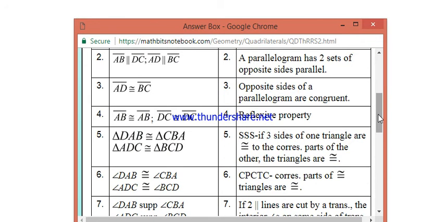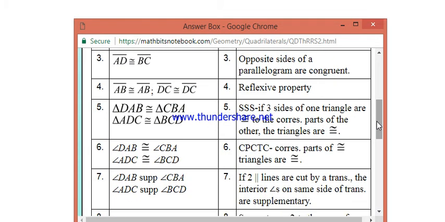For number 3, line AD is congruent to line BC. Opposite sides of a parallelogram are congruent. For number 4, line AB is congruent to line AB, line DC is congruent to line DC. The reason is reflexive property.